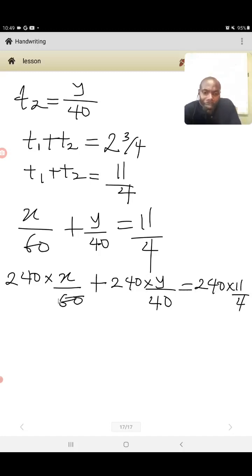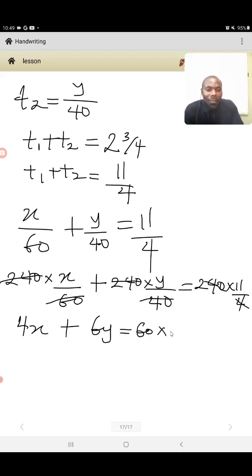If this cancels this, it will give you 4, so 4x plus, because 6 times 40 gives 240, 6y is equal to 60 times 11.